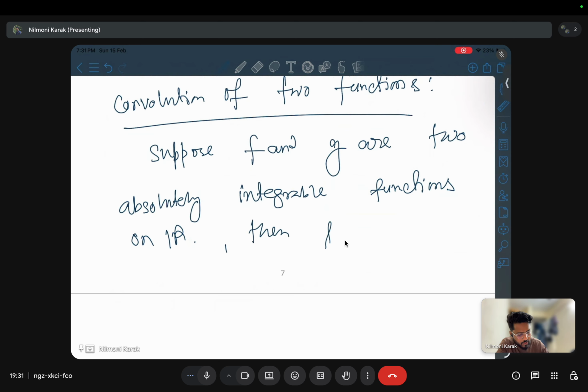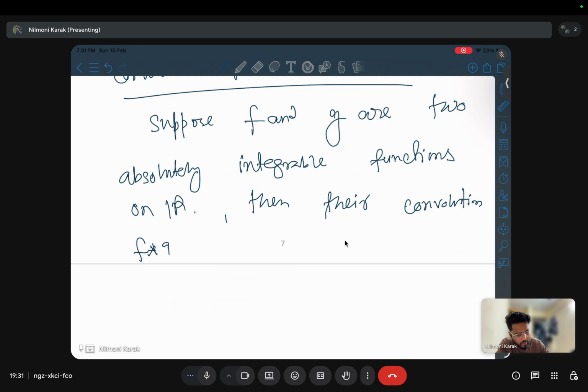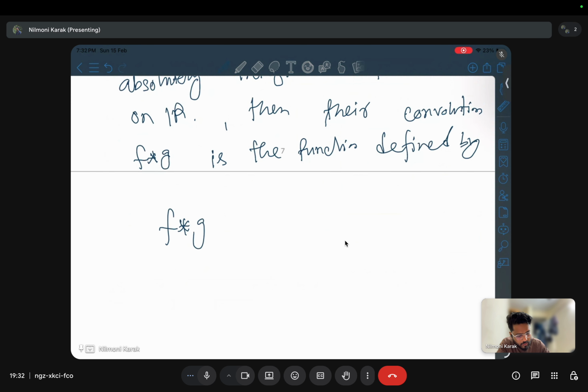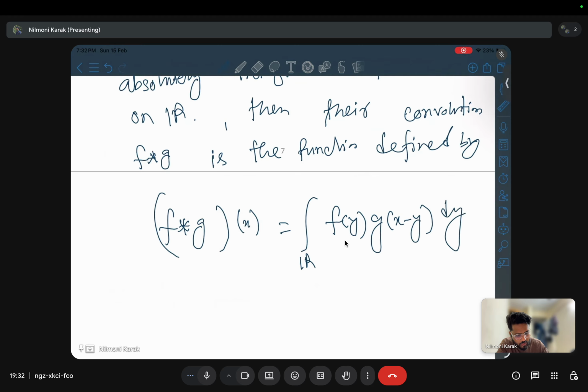Then their convolution f star g is the function defined by (f star g)(x) equals the integral of f(y) g(x minus y) dy.